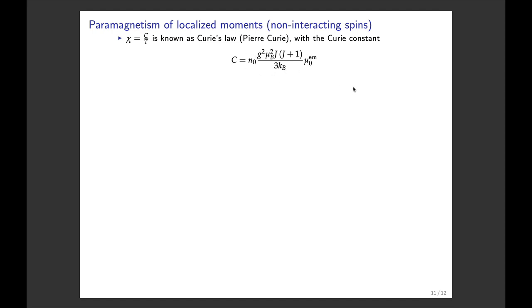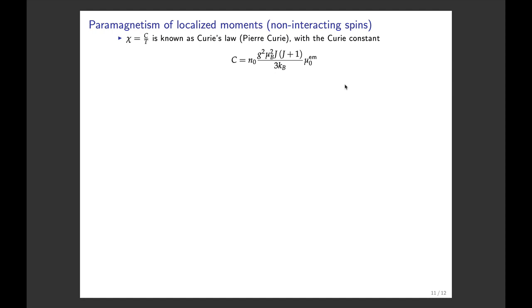And I think there's actually a third-year lab where you discuss this constant. You try to measure it from some magnetic materials.